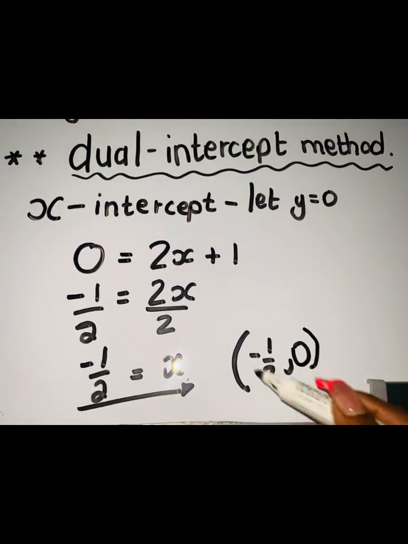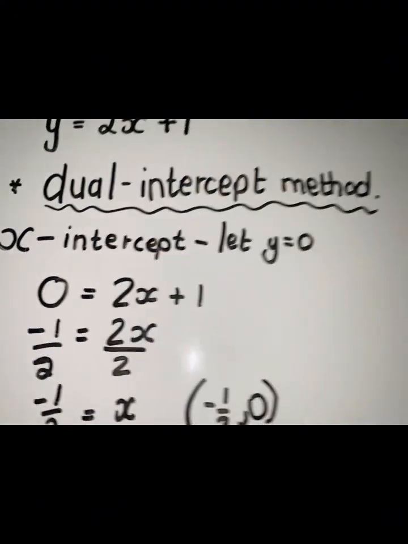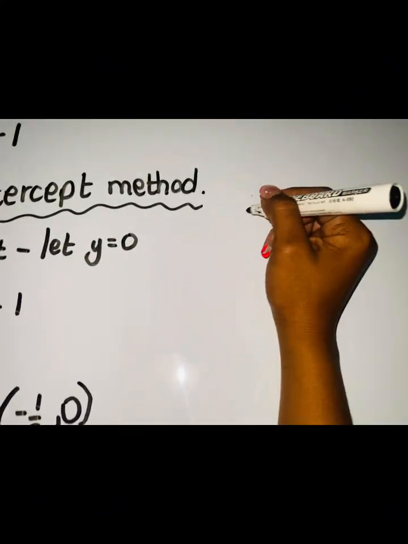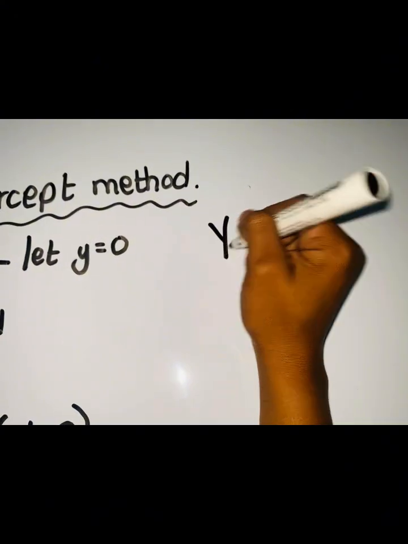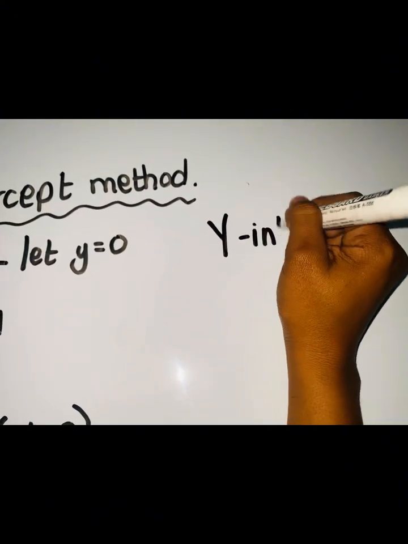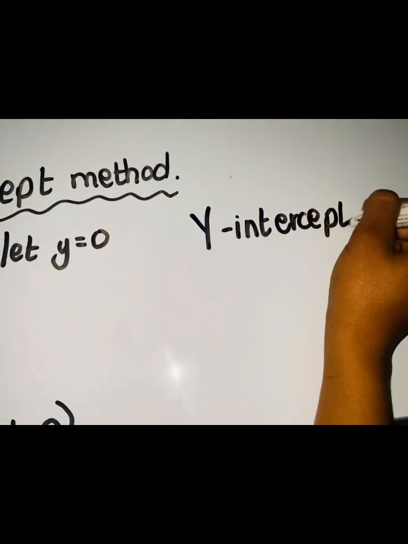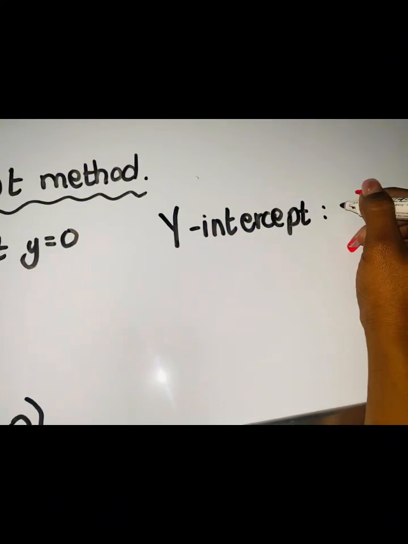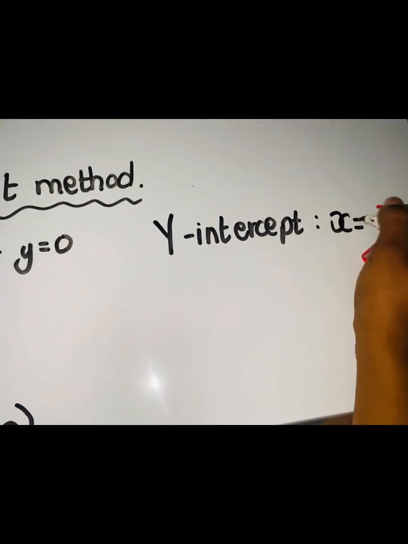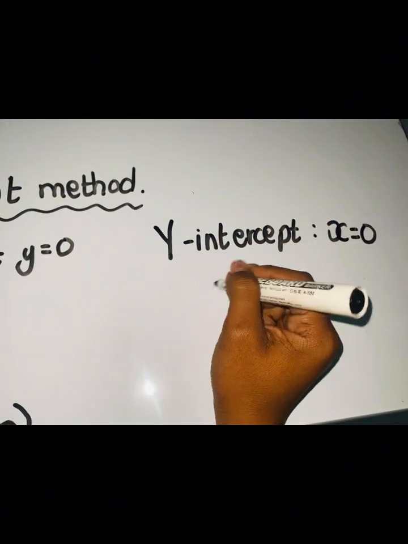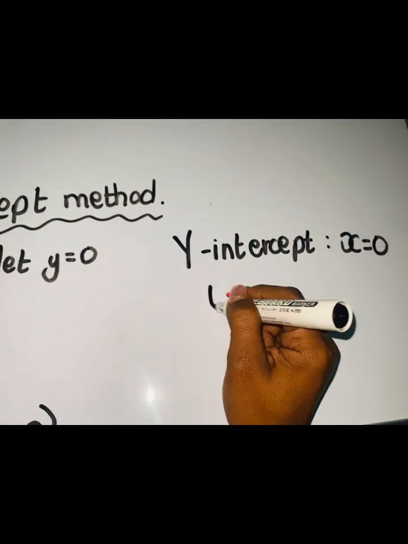So meaning this is our point. Right, we're going to do the same for y. So for the y-intercept, we must let what equal 0? Our x. So we're going to let x equal 0 so that we can get our y-intercept.